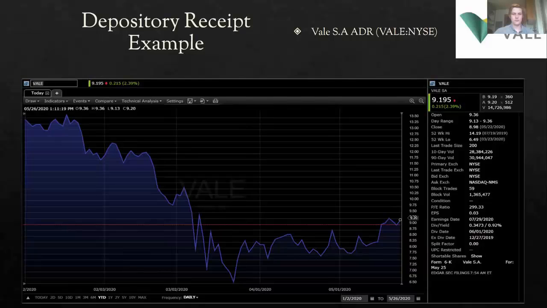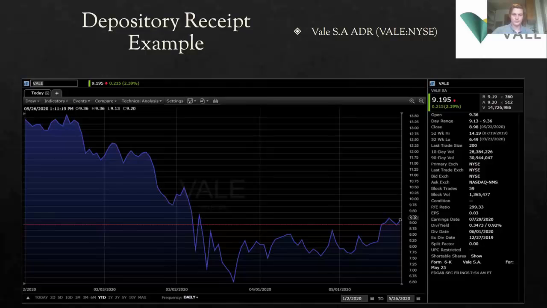So an example of these depository receipts is this company called Vale. Vale is a Brazilian mining company, so not in the U.S., and they are traded on the New York Stock Exchange. The way they do this is through depository receipts.